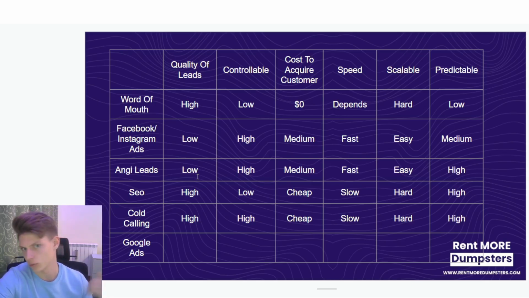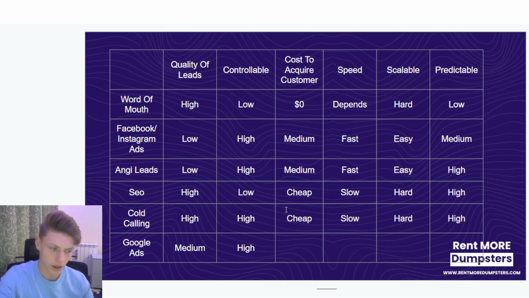But you sometimes get those price shoppers, and that's why it's a medium when it comes to quality of leads. How controllable is it? It's ads, so it's going to be really, really high. If you want less phone calls, you're going to spend less. If you want more phone calls, you're going to spend more.